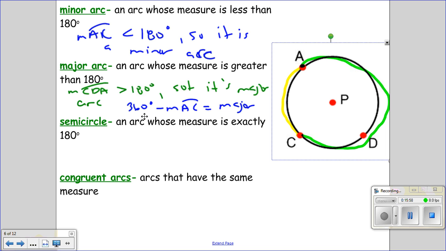So 360 minus the minor is equal to the major. Because if you look at it, if I were to connect both highlighted portions, it forms the whole circle, and we know the whole circle is 360 degrees.